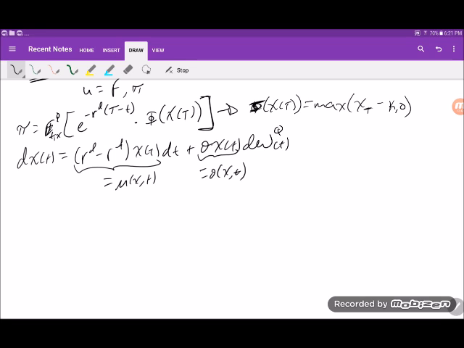So if we fill this into our function here, we can thus say that pi is equal to the Q expectation, given that X_t equals x, of e^(-r_d (T minus t)) times max of X_T minus K, or 0.